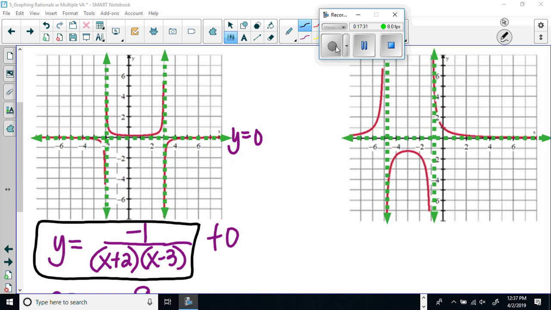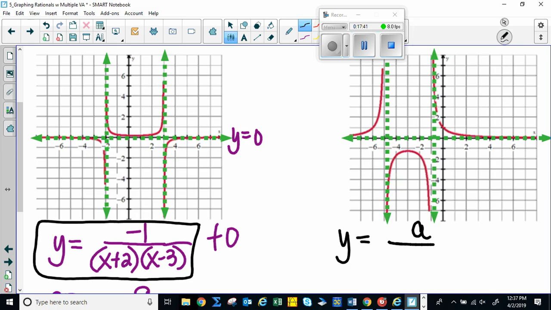What can you tell me about the a value of this last one? We know it's going to be positive. So I'm going to start with y equals a over x plus 5 times x plus 1, and I need to solve for a.